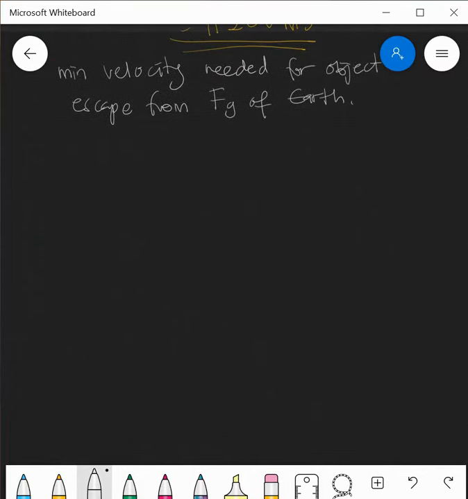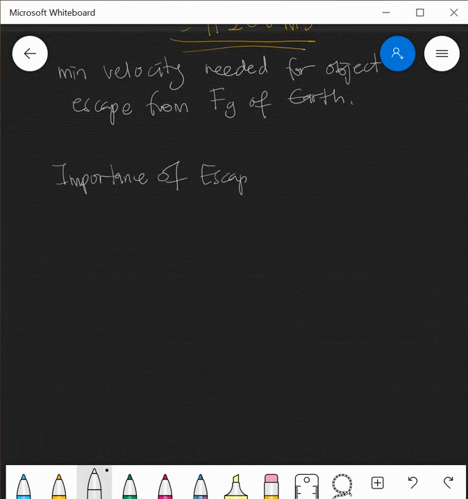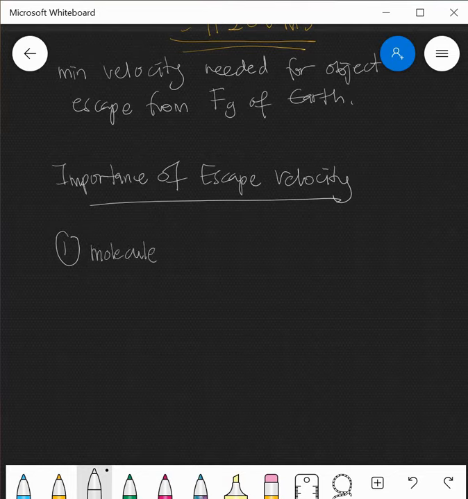So, kenapa perlunya escape velocity? Okay. Importance of escape velocity. Okay. The first one, it maintains the object inside the atmosphere of the earth. Okay, contohnya macam molecules. Okay, molekul-molekul kita manusia kita perlukan oksigen kan.